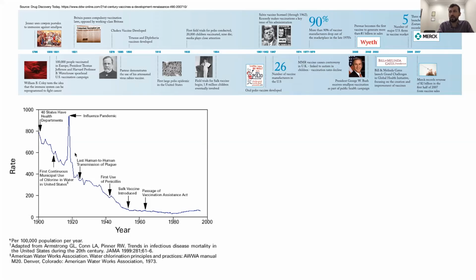And you can see here, for example, the first use of penicillin, the vaccines introduced, and then the number of people getting vaccinated. So all of these measures have been very effective.